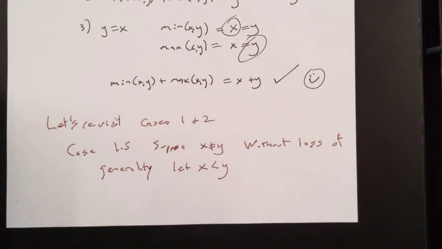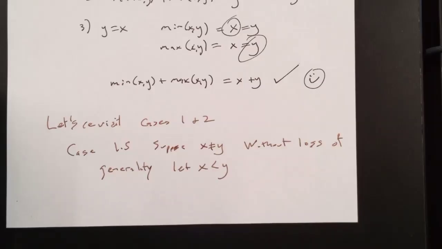I'm going to let X be the small one and Y be the big one. I could just as easily have said, without loss of generality, Y is the small one and X is the big one. It doesn't matter. It's my call. I have one big one and one small one. Here's my big number. Here's my small number. I'm going to call this one X and this one Y.